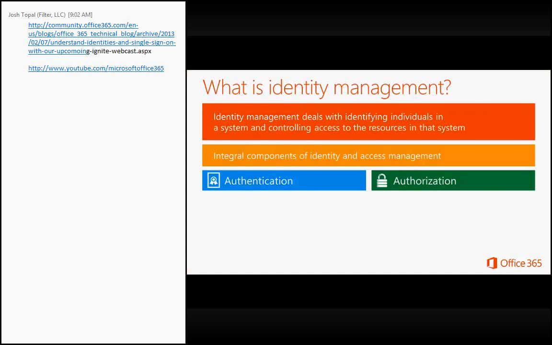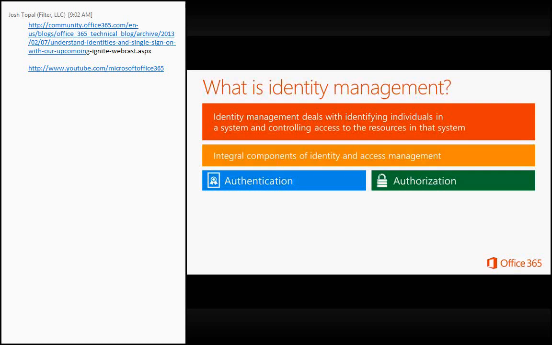So what is identity management? Essentially it's being able to identify specific individuals and what those individuals have access to, whether that's resources or applications. There's a couple of scenarios with regards to identity. An identity provider is an organization that wants to provide their users access to something like partner, hosted or cloud-based services and applications.